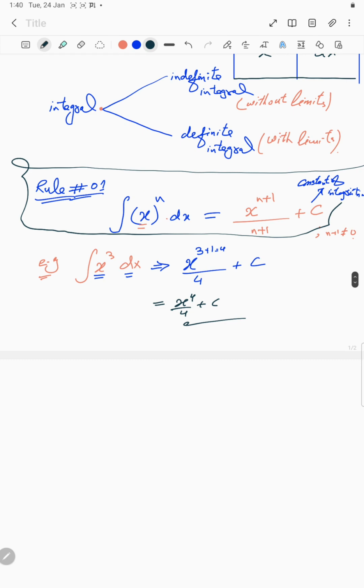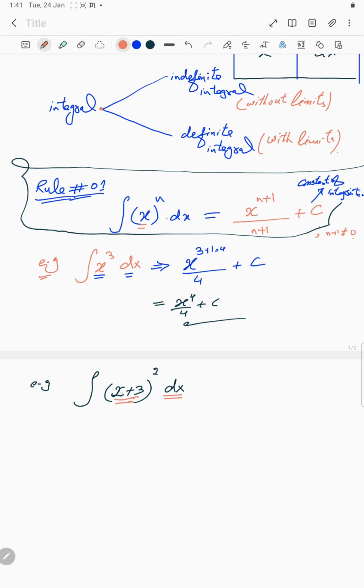Let's try another example. If you have to integrate the function x plus 3 whole raised to power 2 dx. Here the function whose power is 2 is x plus 3, and the differential of x plus 3 is dx, because the differential of x is dx and the differential of a constant is 0.